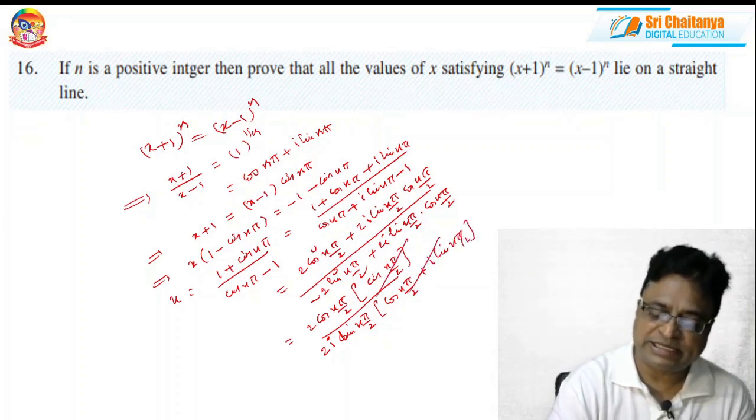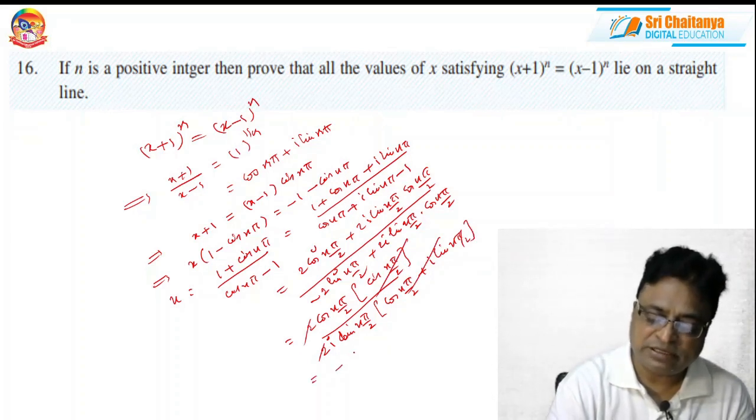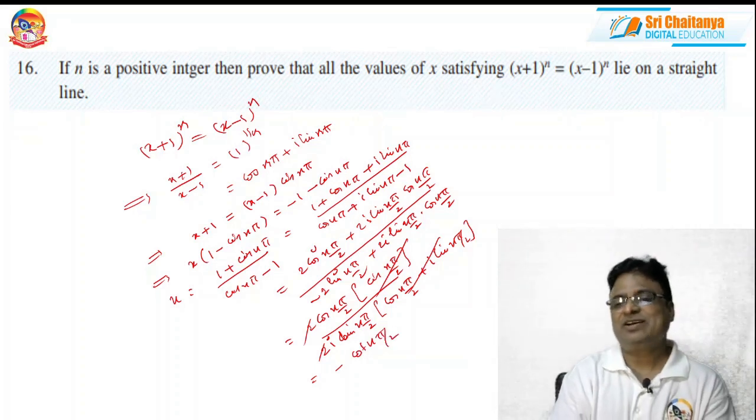So these two get cancelled, 2 gets cancelled. So finally I got minus cot n pi by 2. Minus cot n pi by 2.